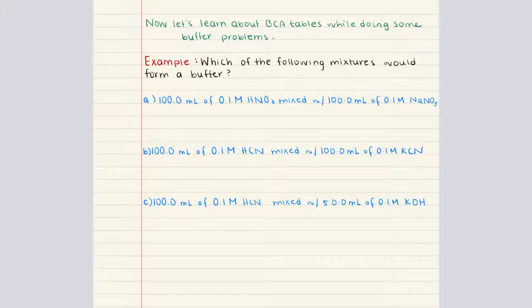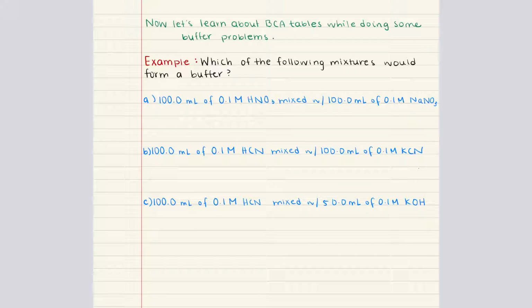This problem says, which of the following mixtures would form a buffer? Let's start with part A. Part A says we have 100 milliliters of 0.1 molar nitric acid mixed with 100 milliliters of 0.1 molar sodium nitrate. Now, any solution containing a weak acid and its weak conjugate base will act as a buffer.